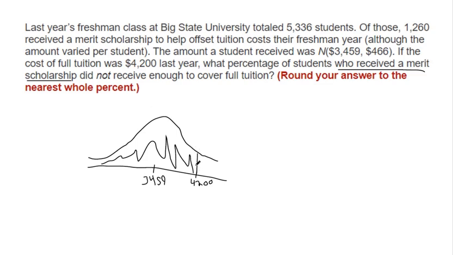And we want to calculate the percentage that did not receive enough, so anything less than 4,200. So to do that, we just need to calculate a z-score. And a z-score is found by taking the number that you want to convert to a z-score, which is 4,200. You standardize it by subtracting it by the mean.